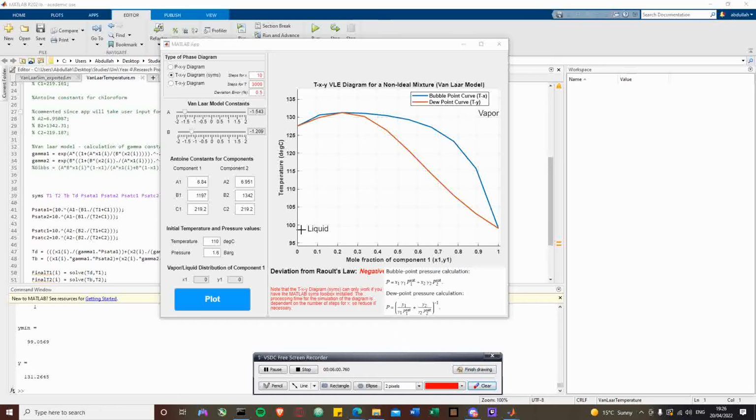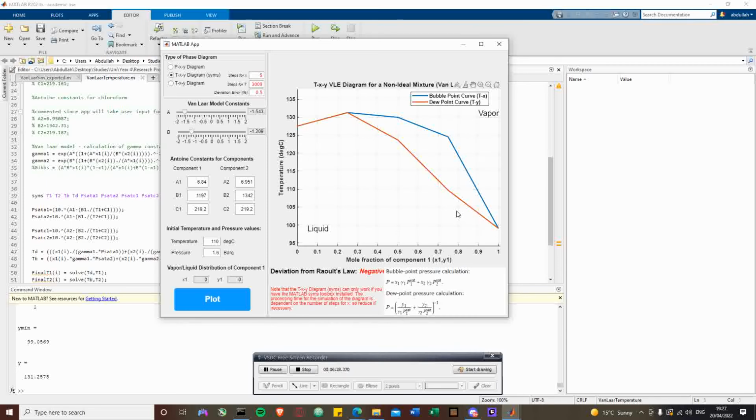It does this for each x1 value that we have. These steps for x1, we're saying we want to do only for 0, 0.1, 0.2, 0.3, and so on. If we change this to, for example, 5, you'll see that the number of points on this graph will also change, and the time it takes to plot the graph is also less.